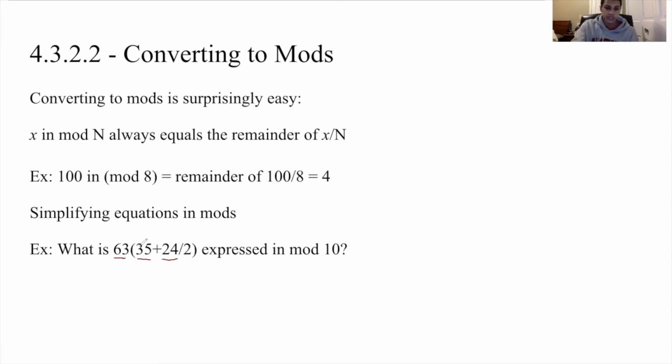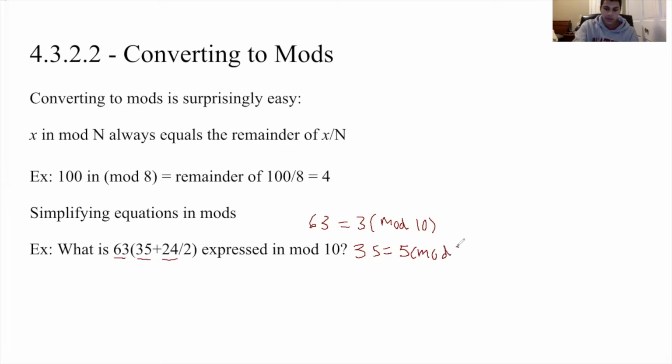So first, 63 is going to be equal to 3 in mod 10, because when you divide 63 by 10, your remainder is 3. So I'm going to write 63 equals 3 mod 10. 35 is equal to 5 mod 10, because when you divide 35 by 10, you end up with 5 as your remainder.